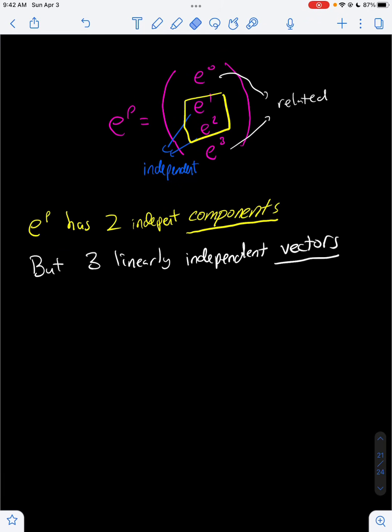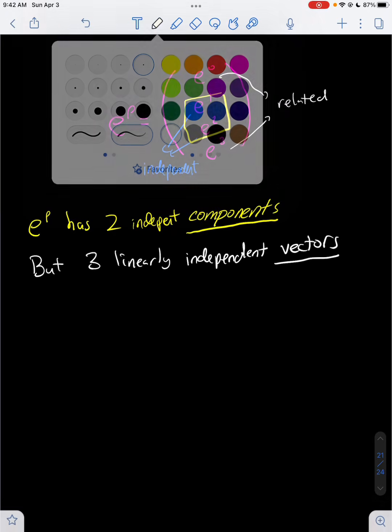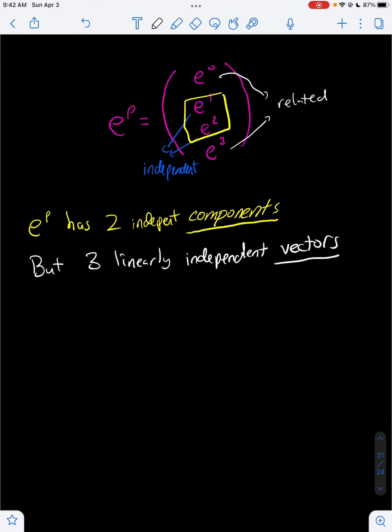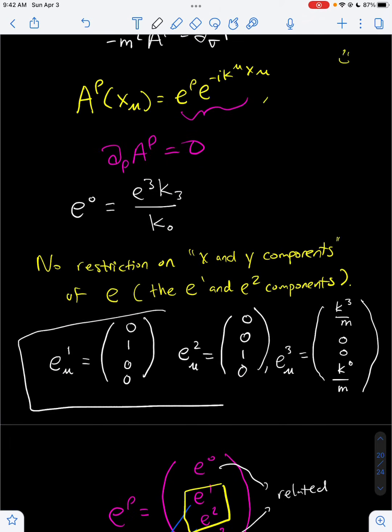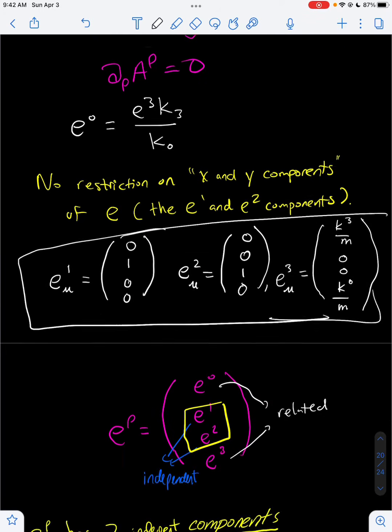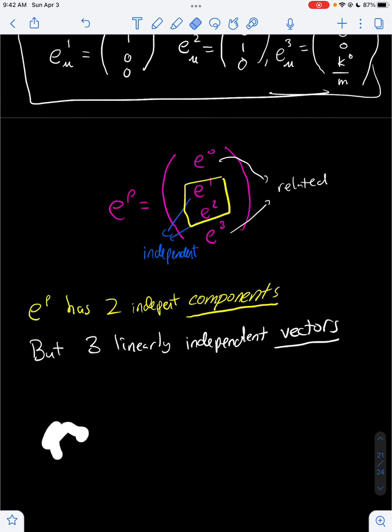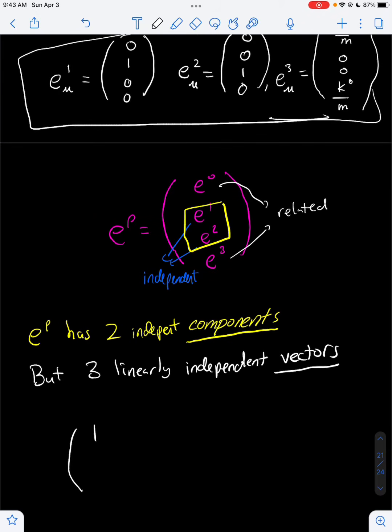So remember that we can have a bunch of different polarization states. For example, we can have the polarization state that's 0, 1, 0, 0.